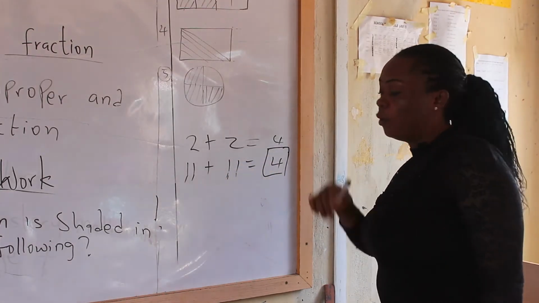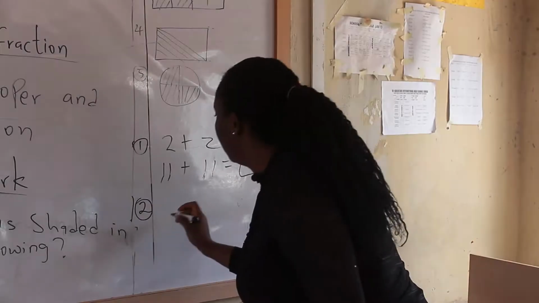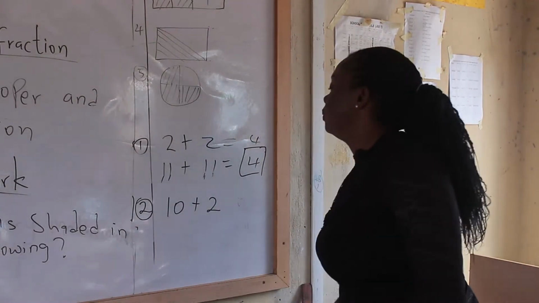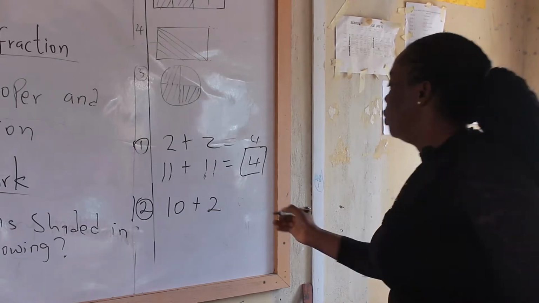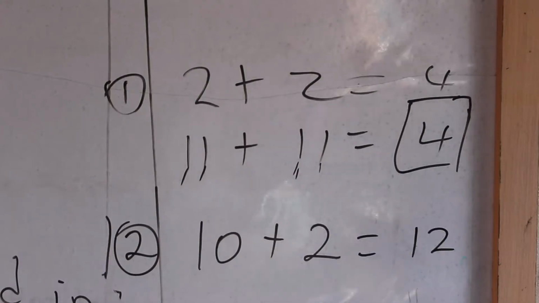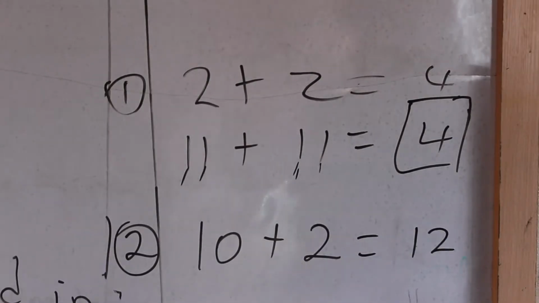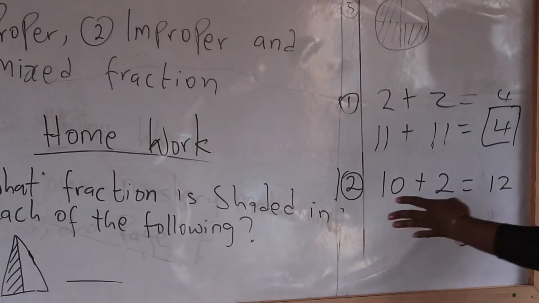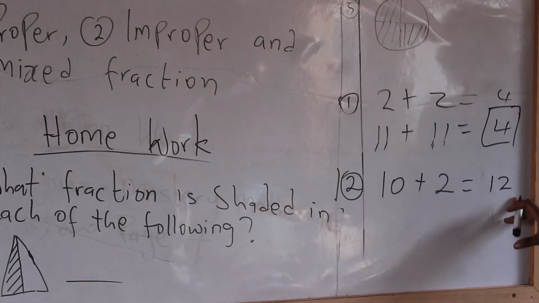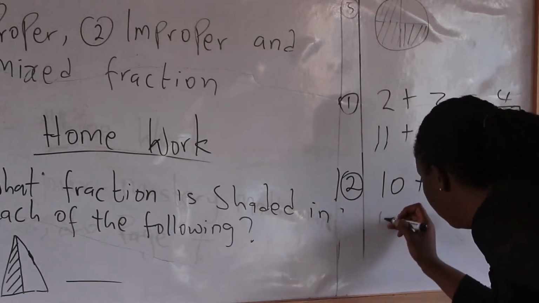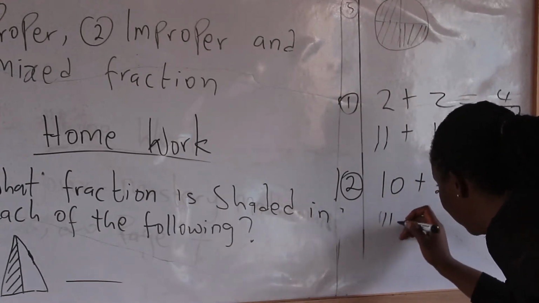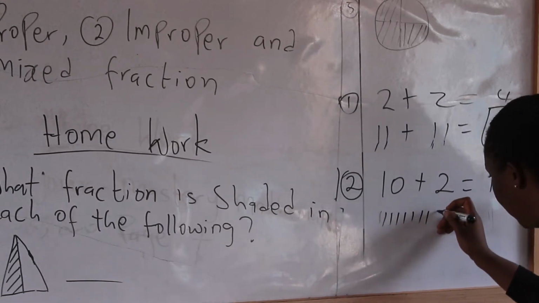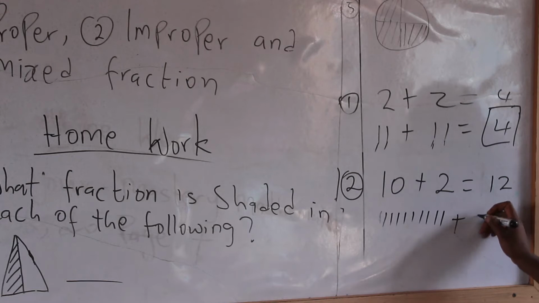In another example, you have 10 plus 2. It will give you 12. How do you know that 10 plus 2 will give you 12? It's by counting out 10, counting out 2, then adding them together. 1, 2, 3, 4, 5, 6, 7, 8, 9, 10 plus 1, 2.